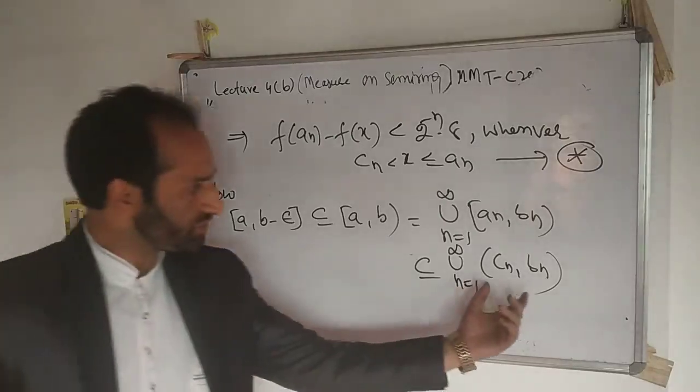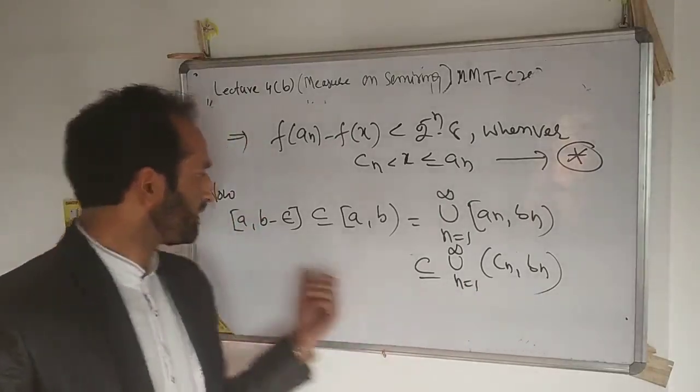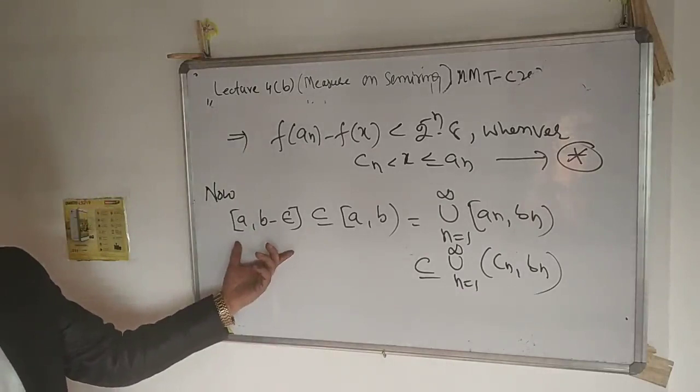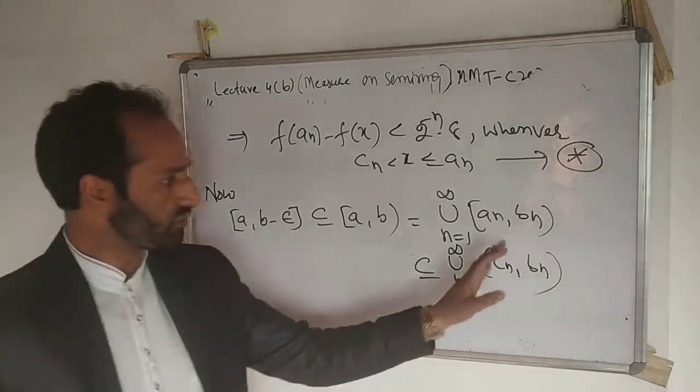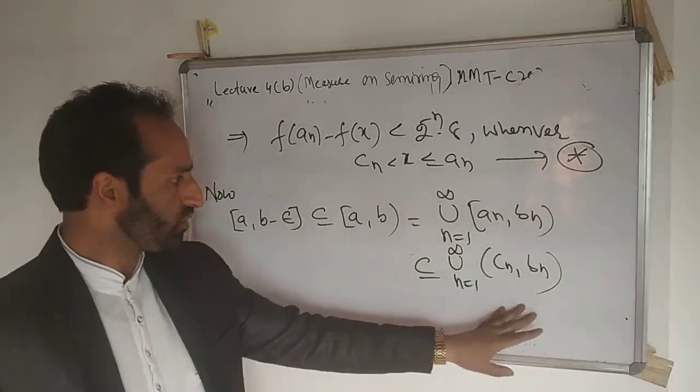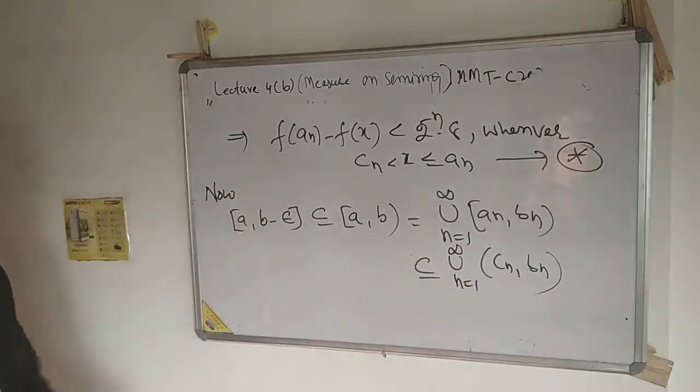So these are now open intervals. The union of these open intervals contains this closed and bounded interval. In other words, these open intervals form an open cover for this closed and bounded interval.